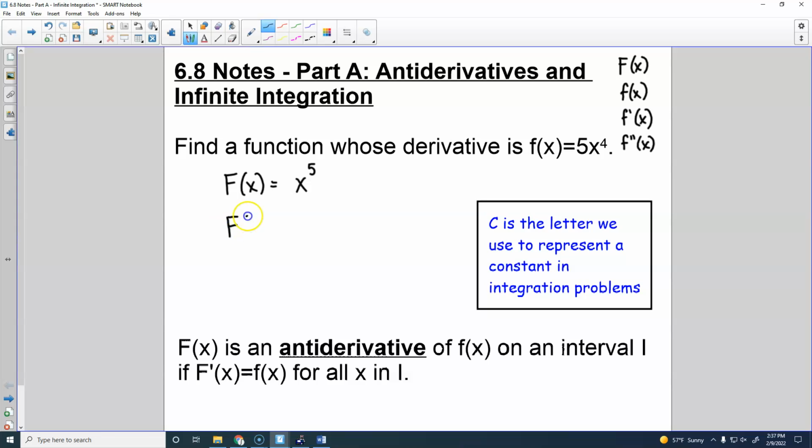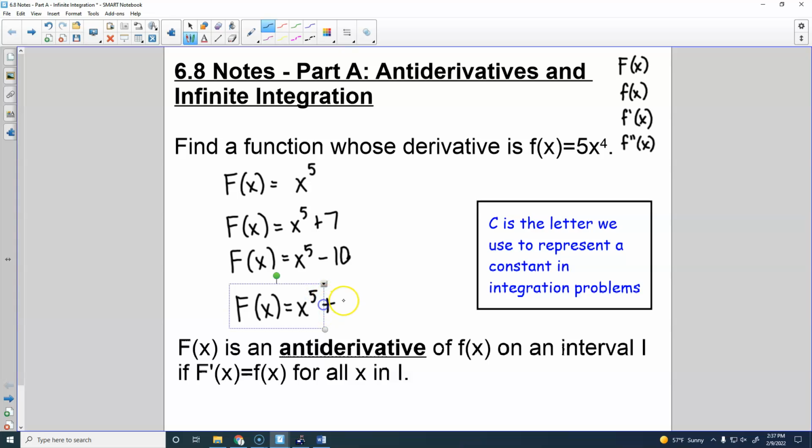We could also use x to the 5th plus 7, or x to the 5th minus 10. Or, as a very general form, what we're going to use is a capital C. So F of x equals x to the 5th plus C.